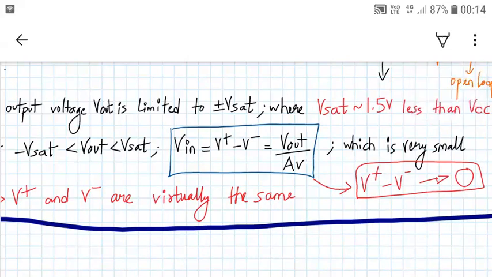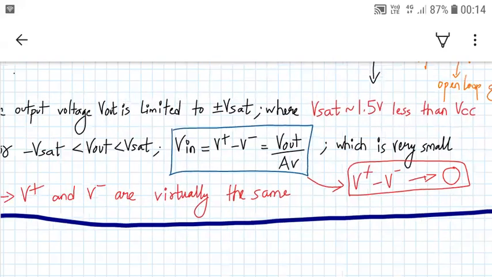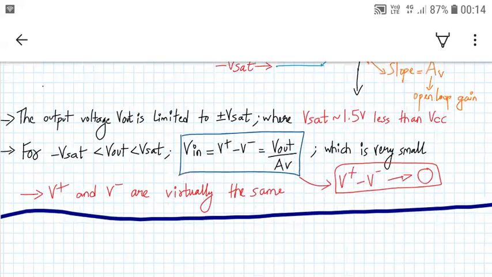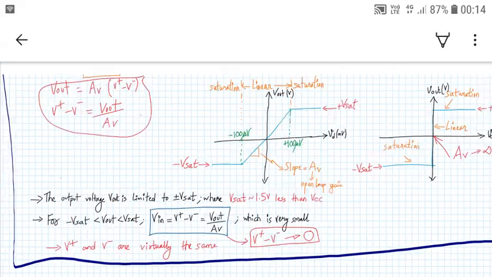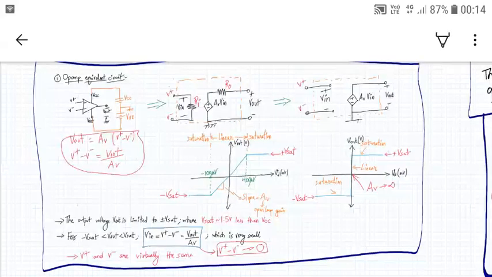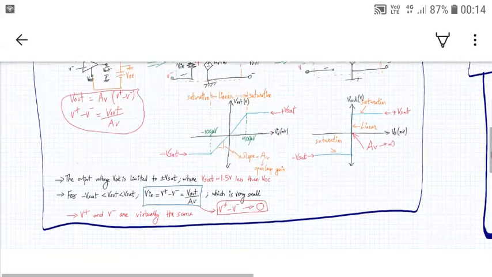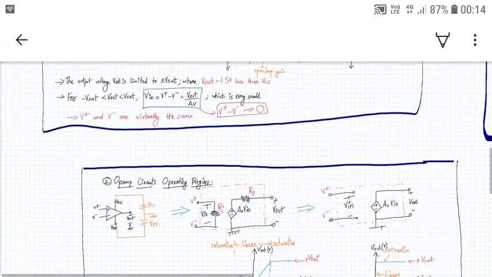Okay, so now let us go to the next topic. This was about the transfer characteristics of the op-amp, the ideal curve and the practical curve, and we have seen certain observations. Now let us move on to the next topic, that is the operating regions.